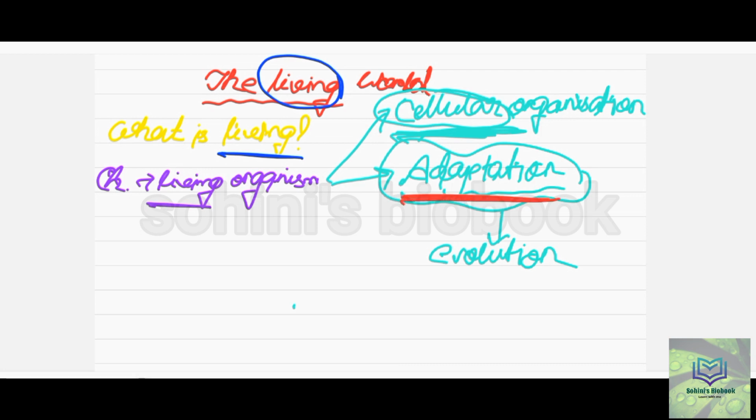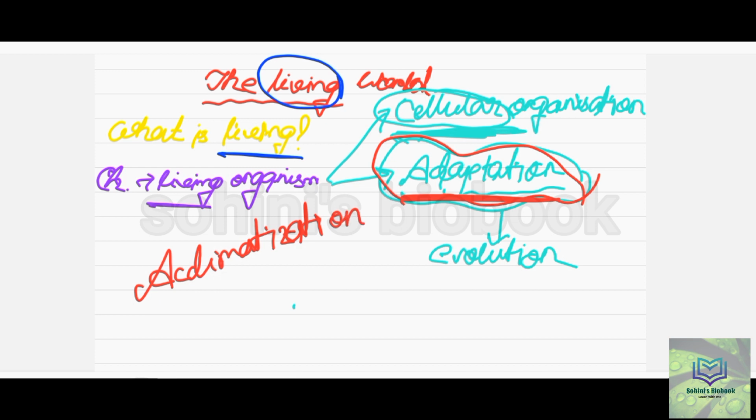And what is adaptation? It is permanent. Acclimatization is not a permanent thing, but adaptation is. You must know the difference between acclimatization and adaptation. If you do not know, let me tell you.